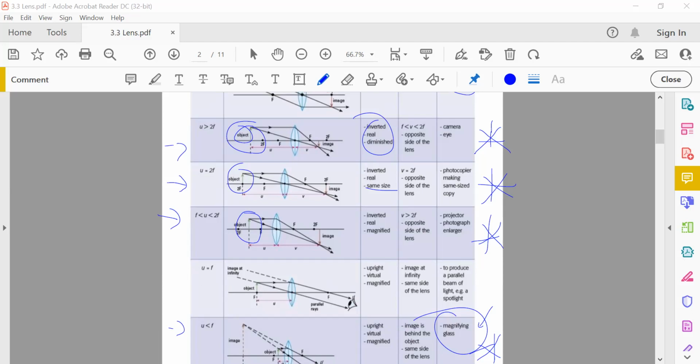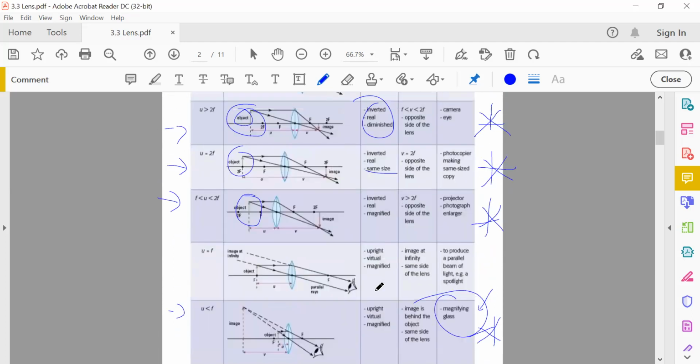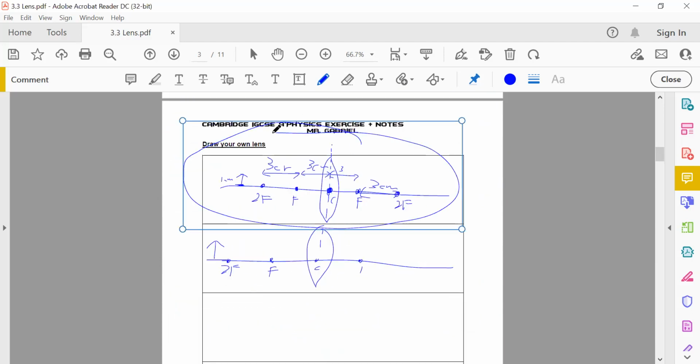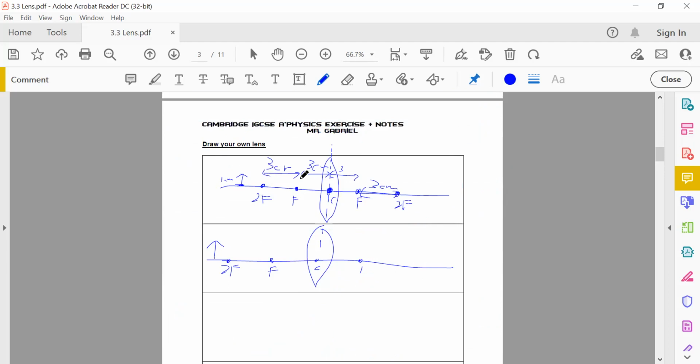Show me a drawing, Shinan. Yeah, you're supposed to follow the measurements like I mentioned here. The object is supposed to be 1 cm, and it's supposed to be 3 cm, 3 cm, 3 cm away.